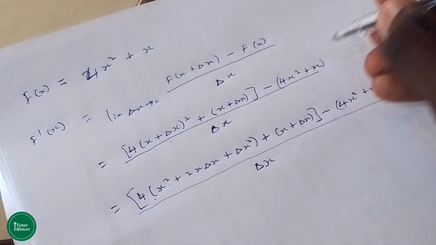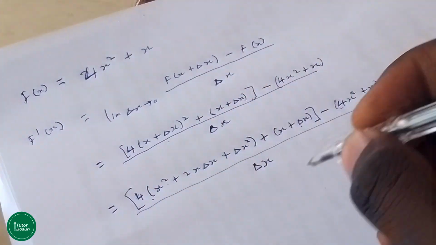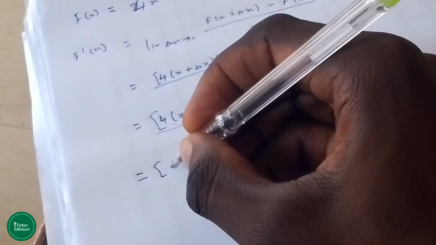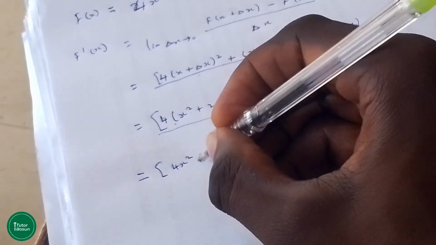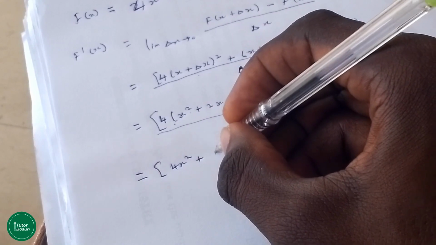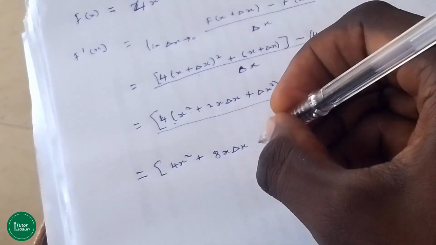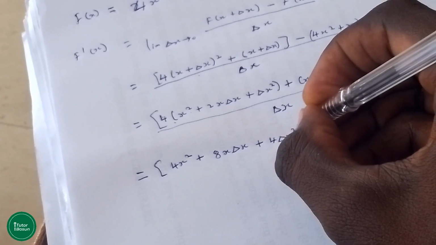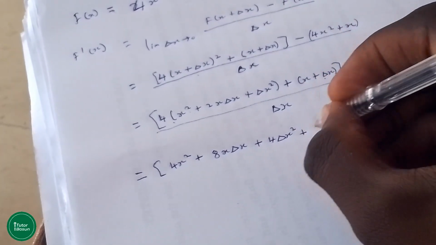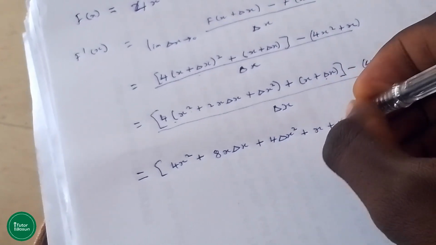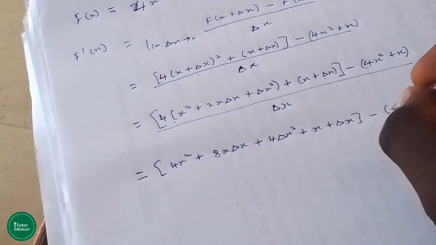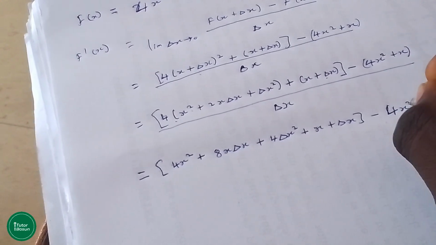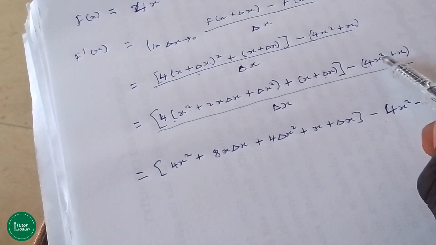Remember? And this gives us 4x squared plus 8x delta x plus 4 delta x squared plus x plus delta x, minus, we can also simplify this to become minus 4x squared minus x, since we use this minus to open the bracket.